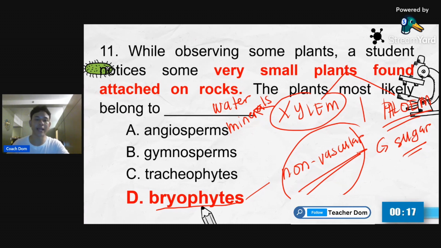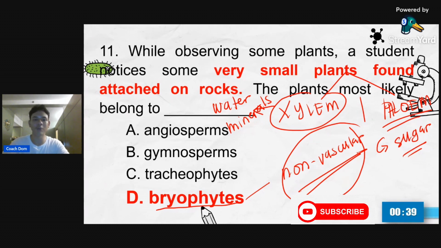Kung wala silang xylem and phloem, hindi po kaya ng mga plants to grow taller kasi wala pong magsusupport sa kanila, walang magbibigay ng water, minerals, and sugar sa mga plants. That's why these plants need to grow smaller, and they are found on the rocks. And this is what we know as bryophytes.